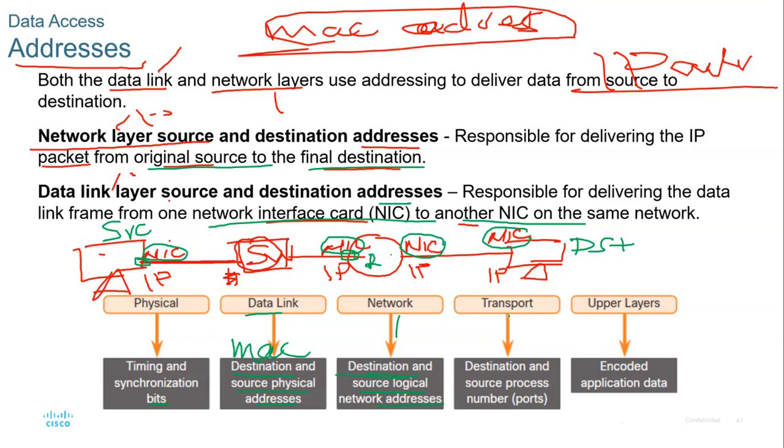At the transport layer, we expect the destination and then source process numbers, which are the port numbers, the application numbers.